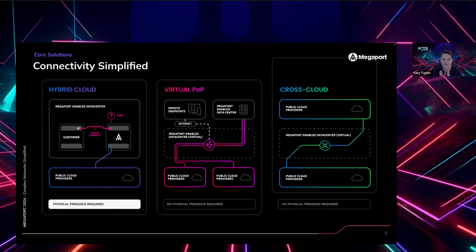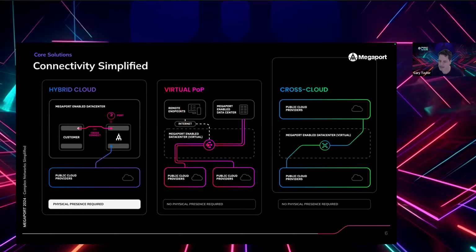Just a quick overview of the options that are available. On the left, we have hybrid cloud. This is where you connect your infrastructure in the data center to Megaport via a cross connect. And then capacity here is from 1 gig up to 400 gig ports. We then have a virtual POP feature. This is an on-demand network function virtualization.